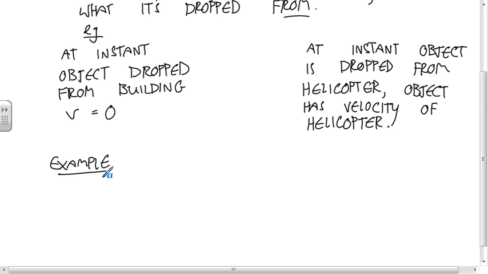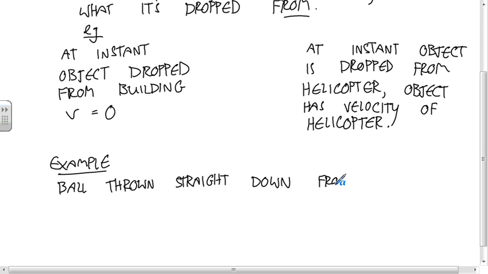Okay, so say that a ball is thrown straight down from the top of a 10-meter wall.